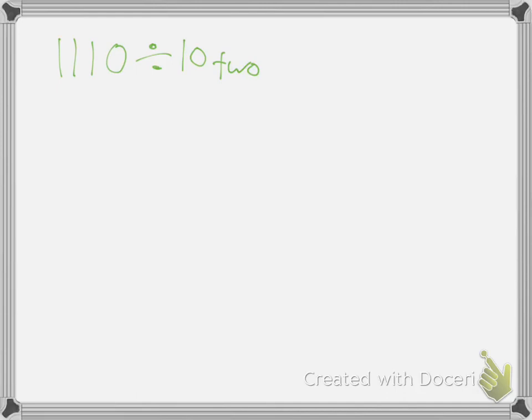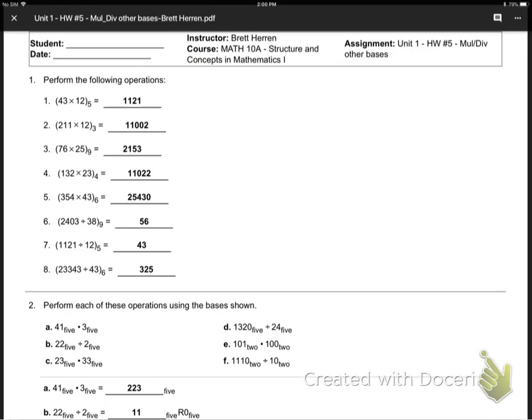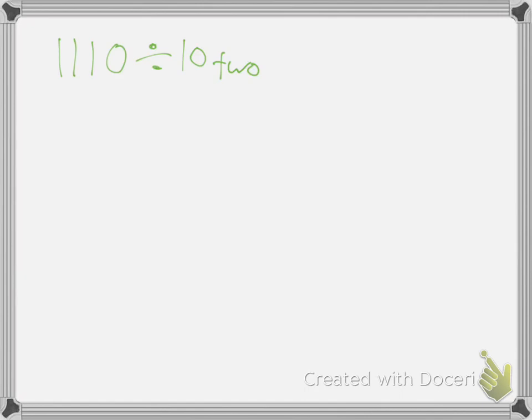Let me double check it. Did I get that right? Oh, yeah. There it is. Okay. So give that a go. So again, first off, you want to write it in the traditional way, like that.